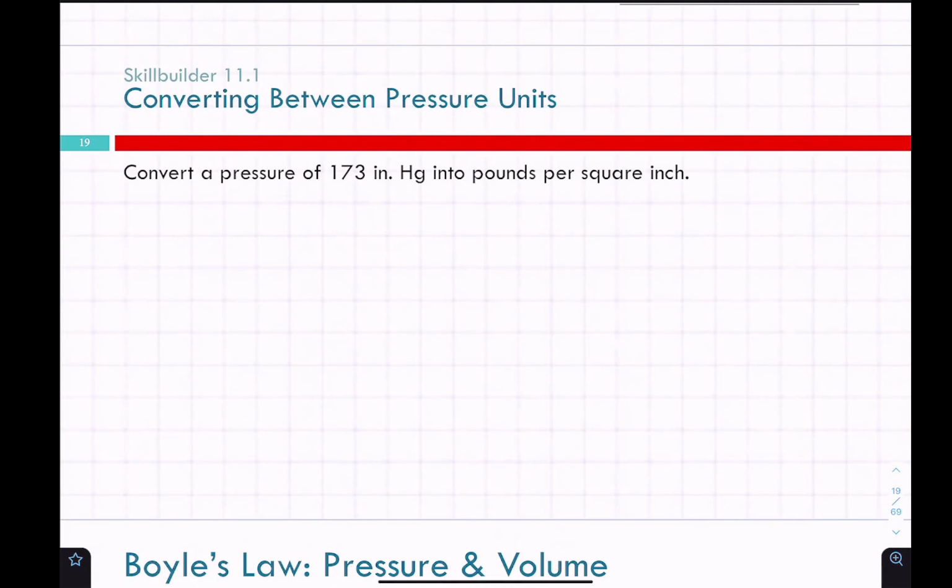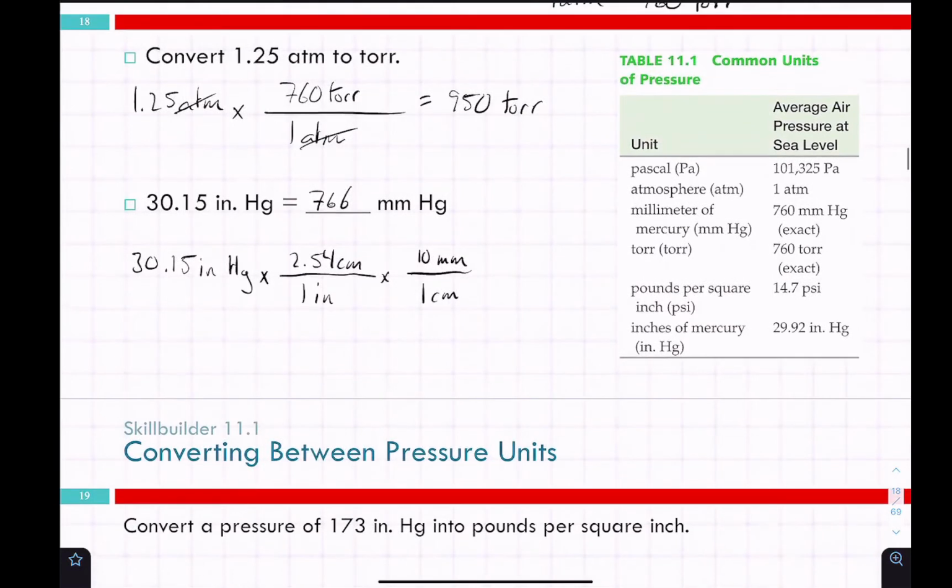So we want to convert 173 inches of mercury into pounds per square inch. We can find what atmospheric pressure is for both of these. So inches of mercury is 29.92. PSI, pounds per square inch, is 14.7.